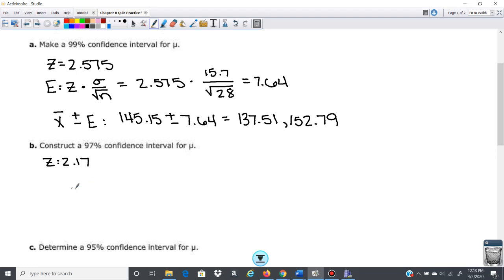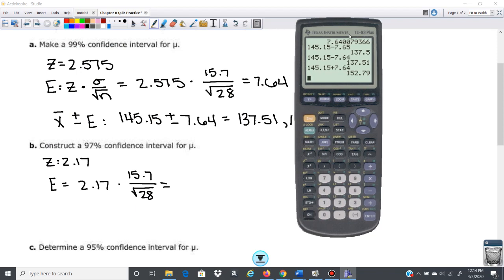So our margin of error is going to be 2.17, our Z value, times 15.7 over the square root of 28. So we're going to have a different margin of error this time. So 15.7 divided by the square root of 28, and we are multiplying that by 2.17. That's going to give us 6.44.